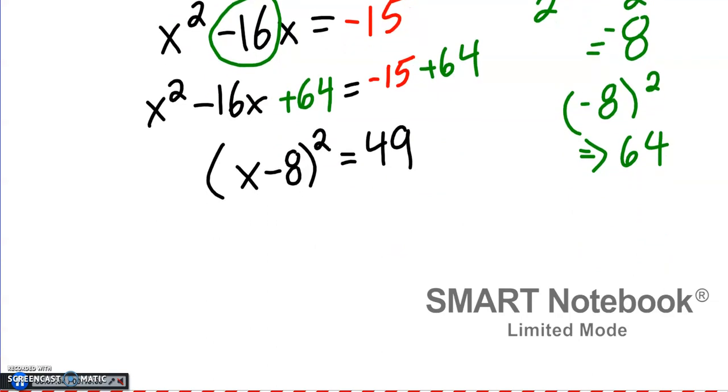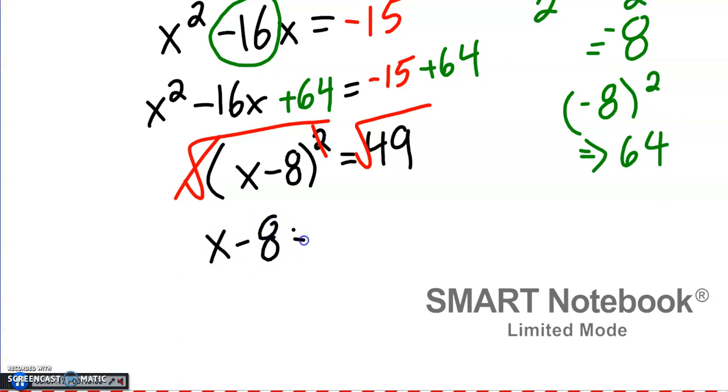And now we can solve, right? We have x minus 8 squared equals 49, so we can take the square root of both sides. That cancels out, and we're left with x minus 8 is equal to plus or minus 7. And now to solve for x, we add 8 to both sides.